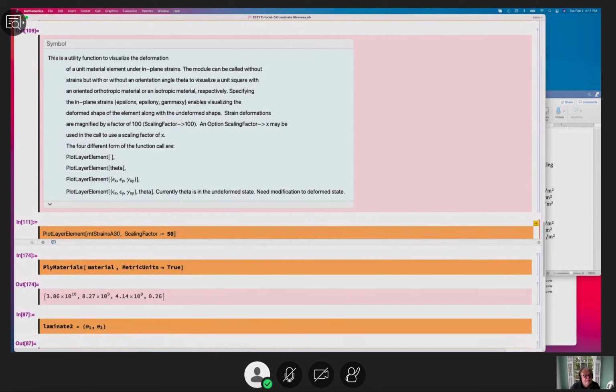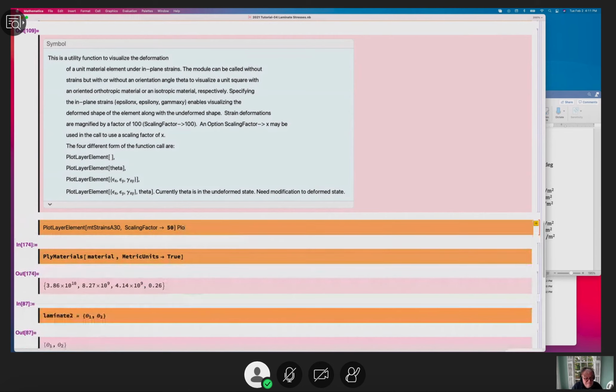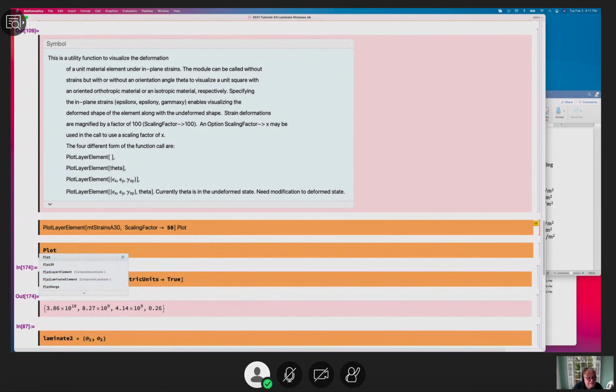No. Let me do this again. Yes, plus layer element.